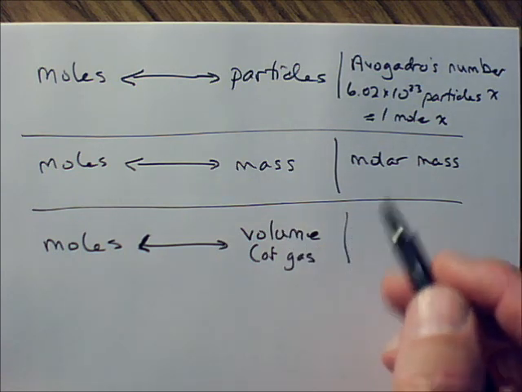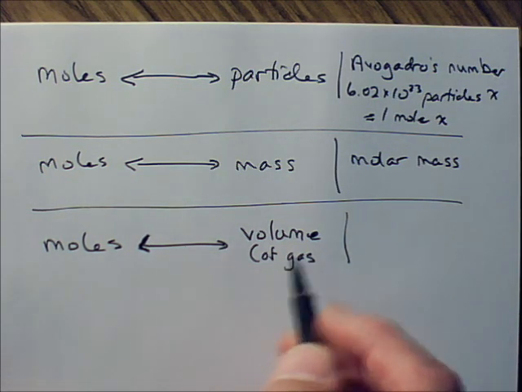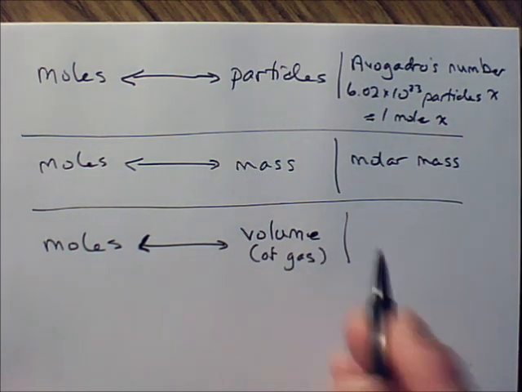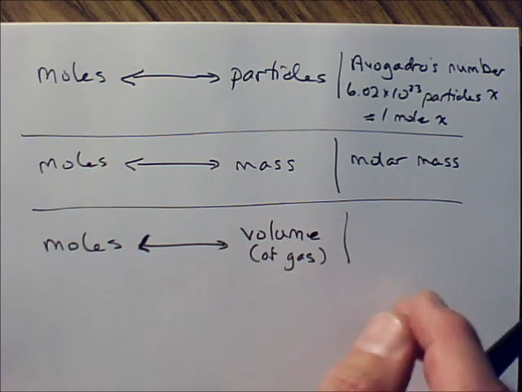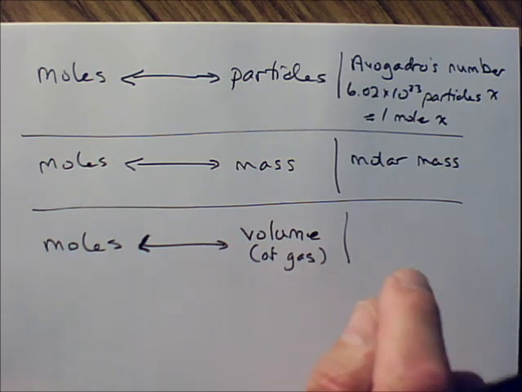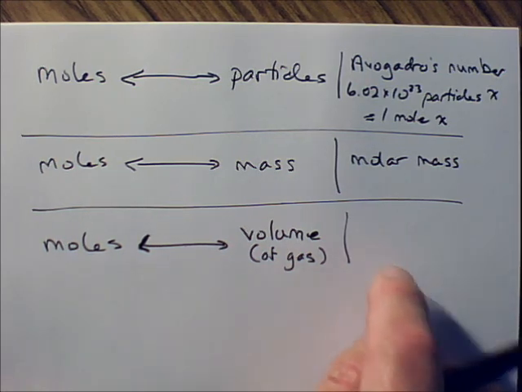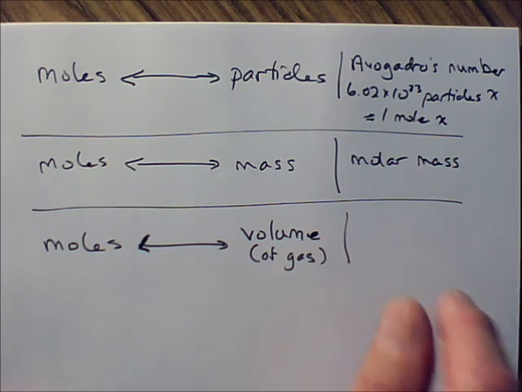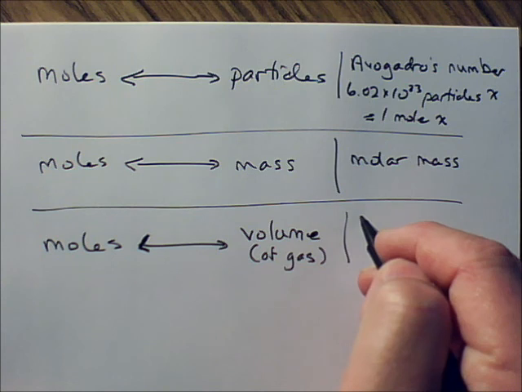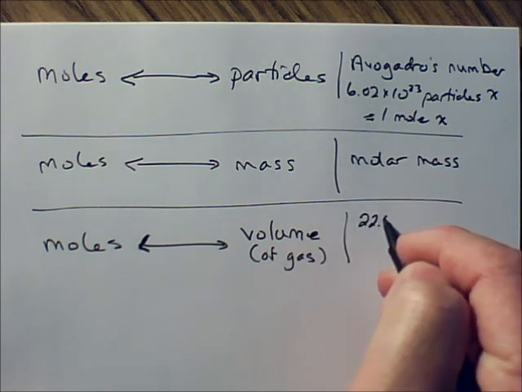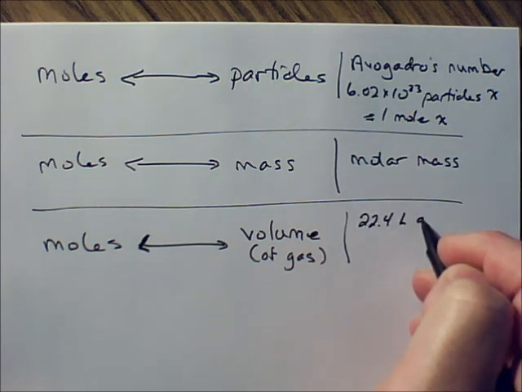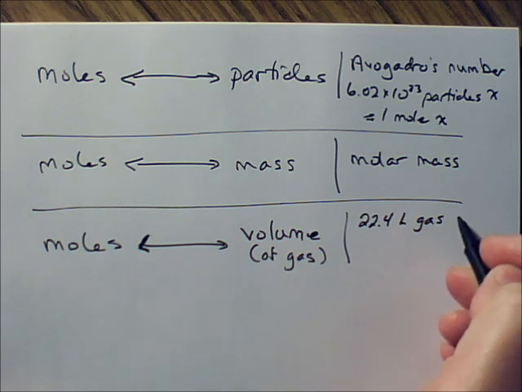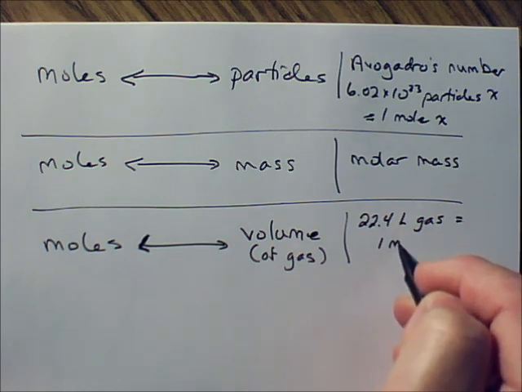Sure. Okay. So we went from moles to volume of a gas. Now we haven't done the math in this unit on that. We'll do that in the next unit. You should have taught yourself in that mole project how to do that. And the relationship for that was that 22.4 liters of a gas equals 1 mole of that gas.